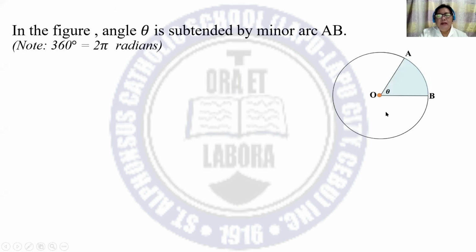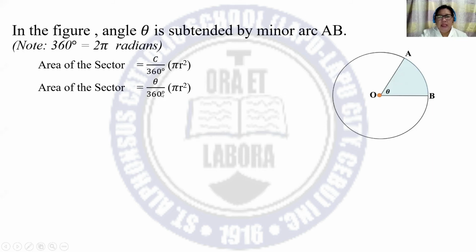In the figure, angle theta is subtended by a minor arc AB. And we have to take note again that 360 degrees is equal to 2 pi radians. And for the formula of the area of the sector, which is equivalent to C as the central angle over 360 degrees times pi r squared, we are going to change C into theta over 360 degrees times pi r squared.